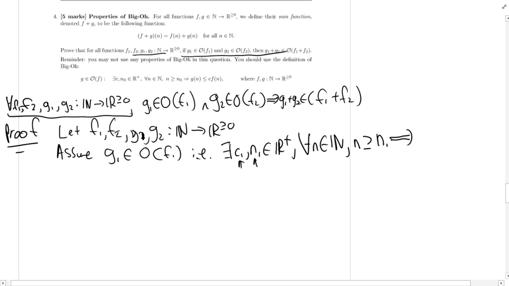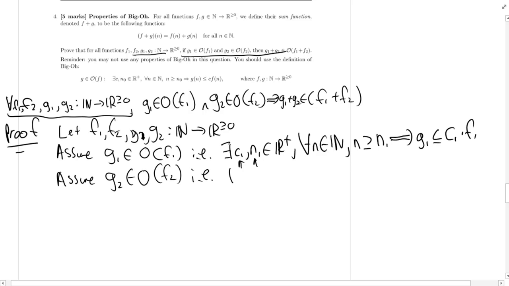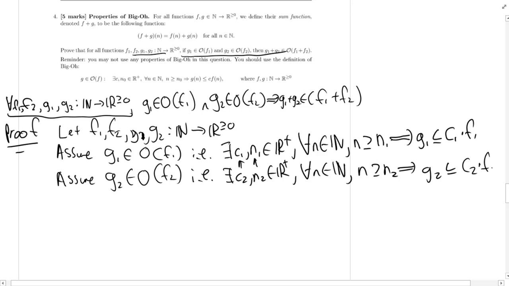So let C1 and N1 be such that, for every n larger than or equal to N1, G1 is smaller than or equal to C1 times F1. And then we assume this, and C2 and N2, G2 is smaller than or equal to C2 times F2.